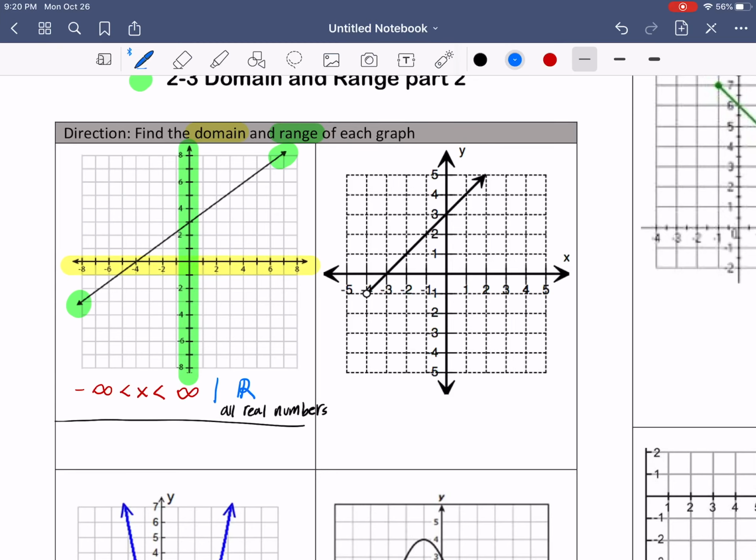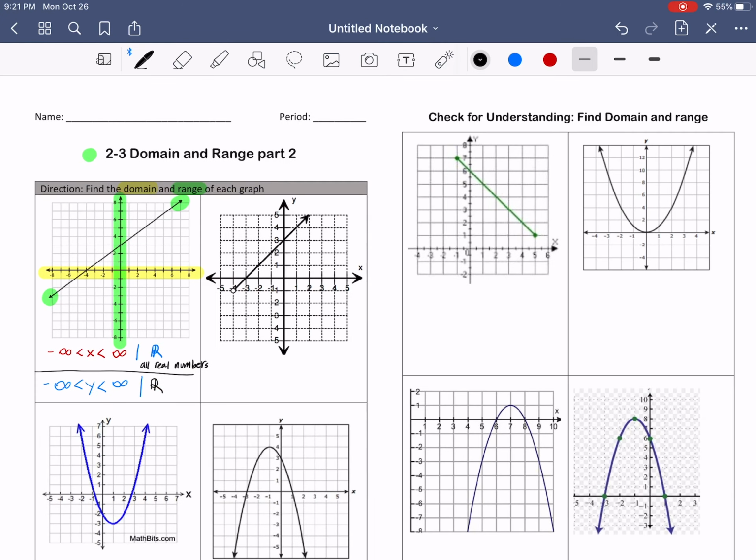So same thing, negative infinity. And there's no highest point as well because it keeps going up to positive infinity. So it's gonna be positive infinity like that. And good. It's gonna be all real numbers again because the range keeps going down and keeps going up. So that is the domain and range, right?